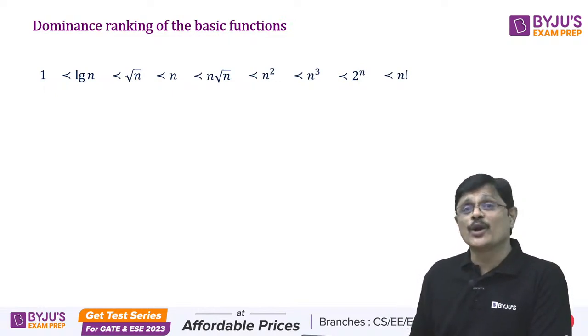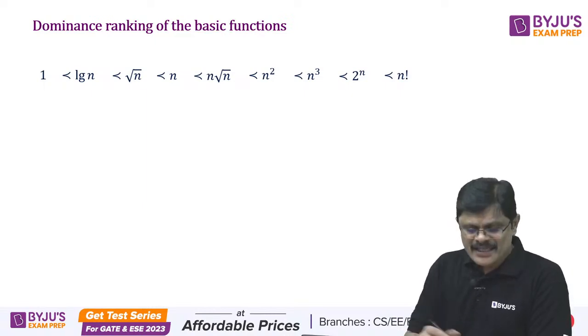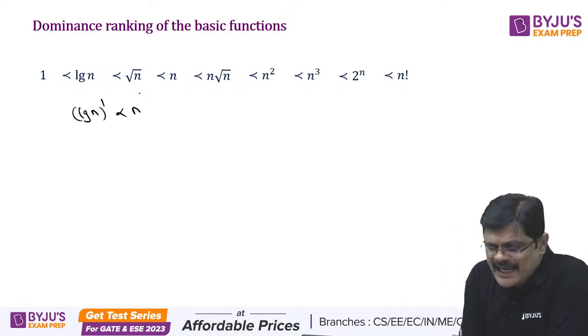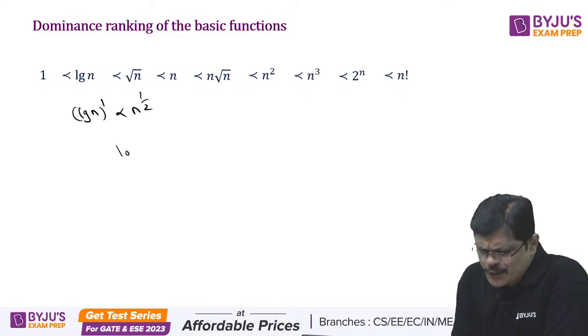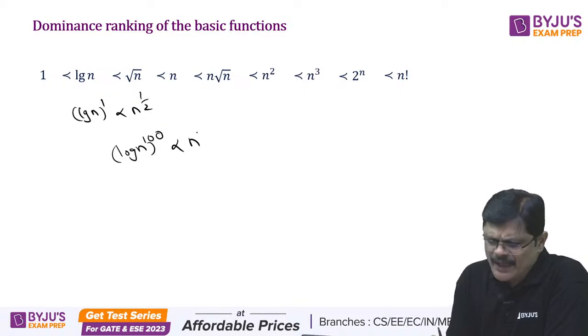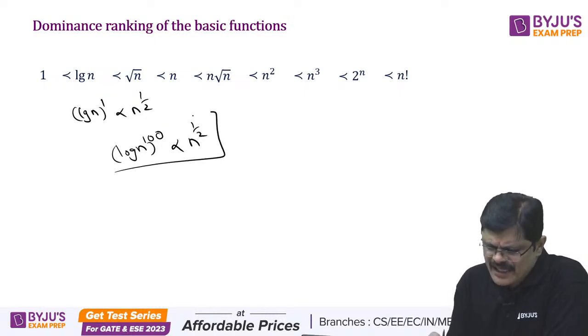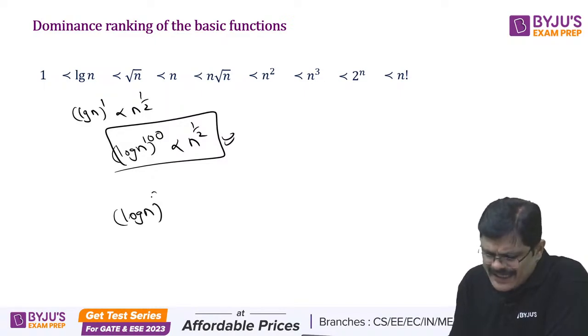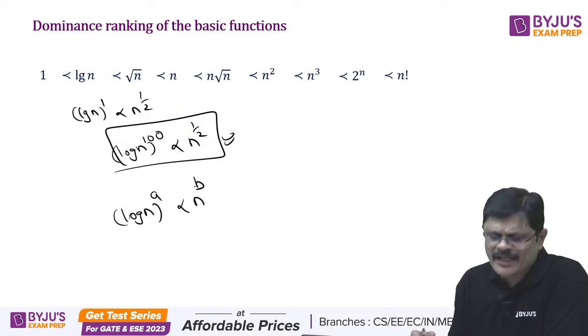And this is the most important basic dominance ranking, my dear friends. 1 is less than log n. Log n is smaller than, see, this log n is like log n power 1 and this is n power half. Not only that, you take log n power 100 and you take n power half. Still this is valid, my dear friends, because log n power a is asymptotically smaller than n power b.